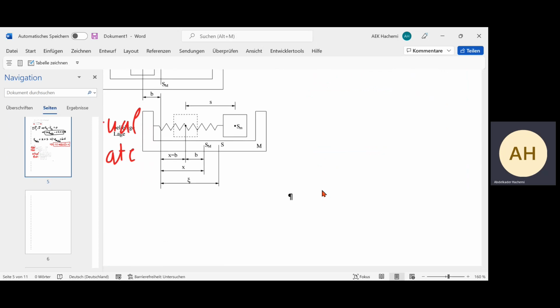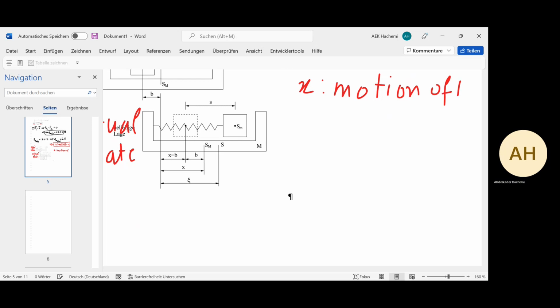Now both are unknown. Then we can see that here x is only the motion corresponding to the position due to the motion of M, and this is, I call it, the frame.